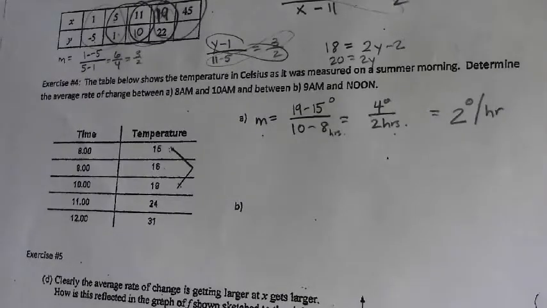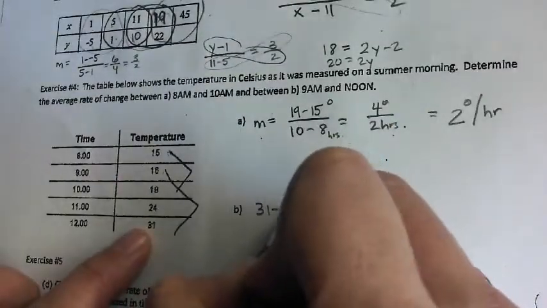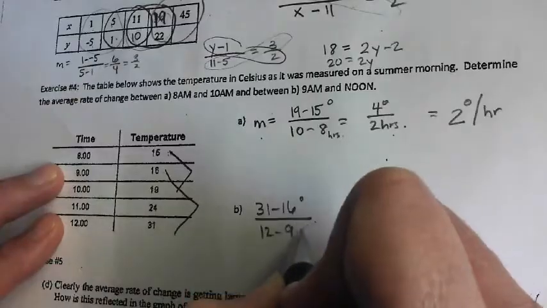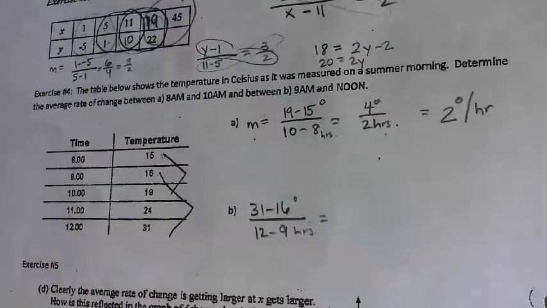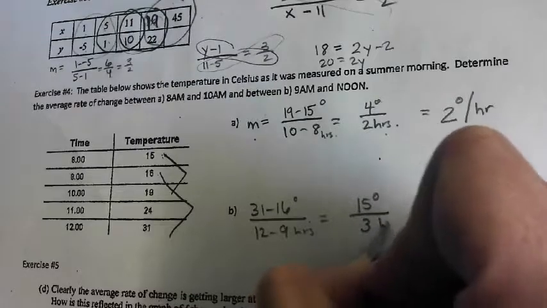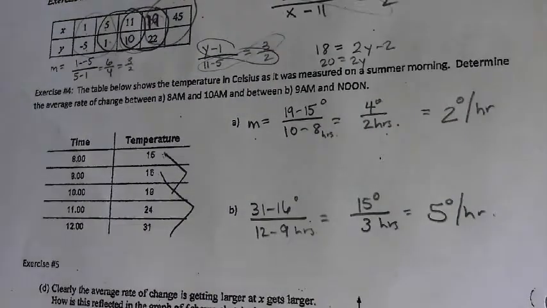And then 9 a.m. to noon would just be 31 minus 16 degrees over 12 minus 9 hours. With average rate of change, if there are units attached, you need to attach the units. So that would be 15 degrees every 3 hours, which is going to reduce to 5 degrees per hour. And you guys nailed it, 9 to 12.